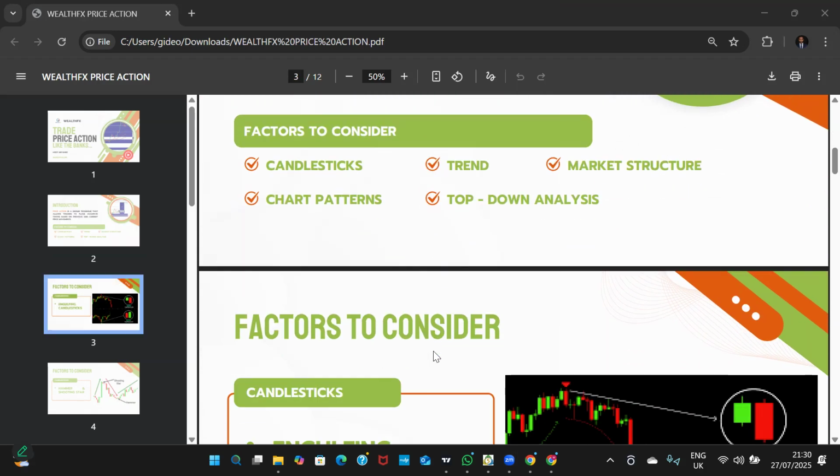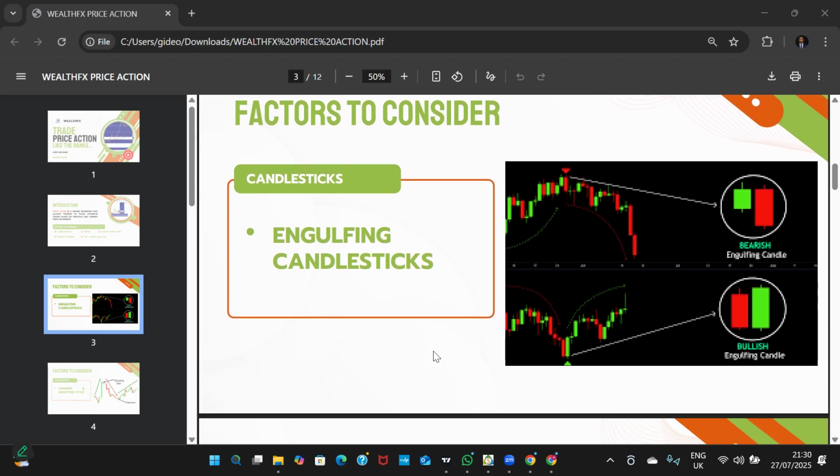Now, first of all, starting with candlesticks. What are candlesticks? Candlesticks literally give you a whole lot of information about what a particular price chart is doing within a certain time frame. When you go to your chart, every candlestick is measured by the time frame in which it is formed.